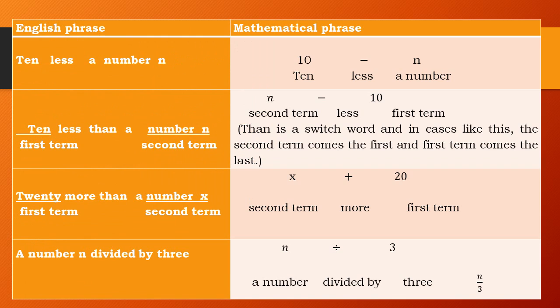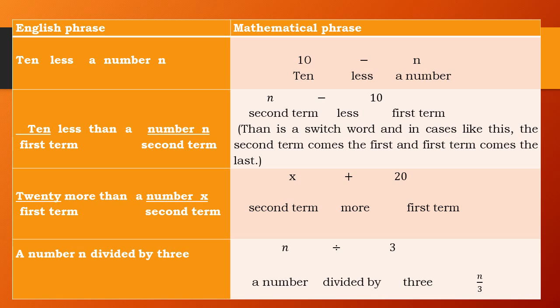Here is an example of an English phrase: 10 less a number. In mathematical phrase, the first term is 10. Then the operation we are going to use, less, means minus. Then a number, and any variable you can substitute is n or any variable you can choose.